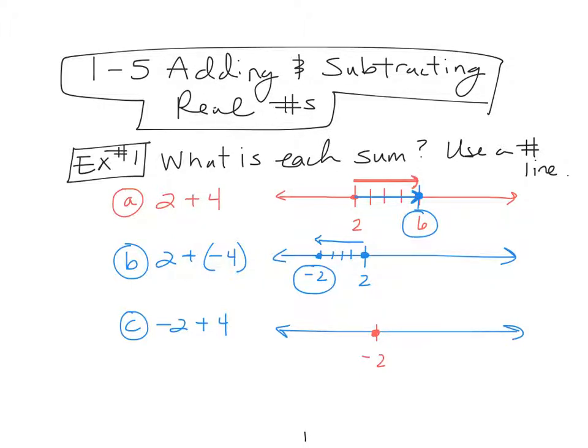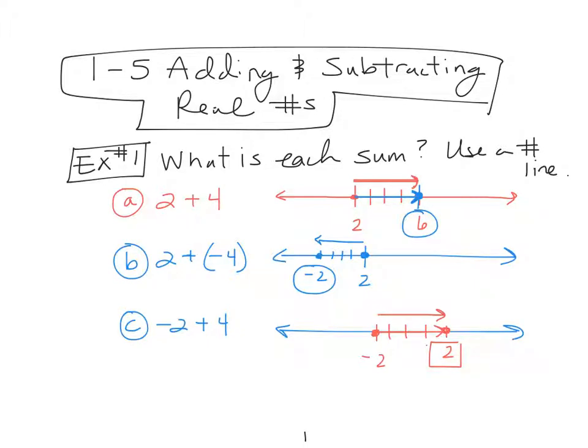You're moving to the right. So we're going to go 4 to the right of that. 1, 2, 3, 4 to the right is going to put me here, or if you want to do it up above, that's fine. So negative 2 plus 4, that's negative 1, 0, 1, 2. So negative 2 plus 4 puts me at 2. Okay?